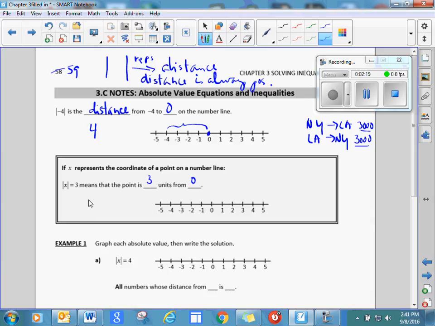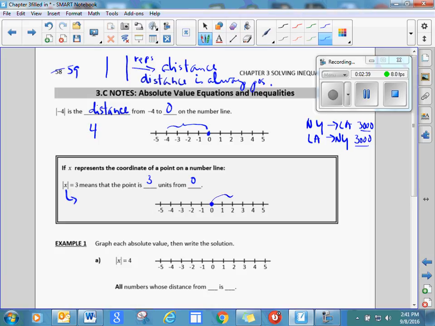So when we look at what the possibilities of x, what they could be, here's 0, and what integers are 3 units from 0. So the 3 is giving us the distance that we need to go in either direction.